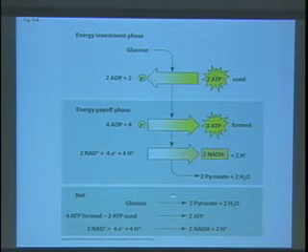And so if we do the math, what we get is that we have to use 2 molecules of ATP, but we're making 4. So we have a net production of 2 ATPs overall in the reaction. And we also have a net production of 2 NADH molecules in the reaction. And then we have these pyruvates that are ready to enter the citric acid cycle as well.